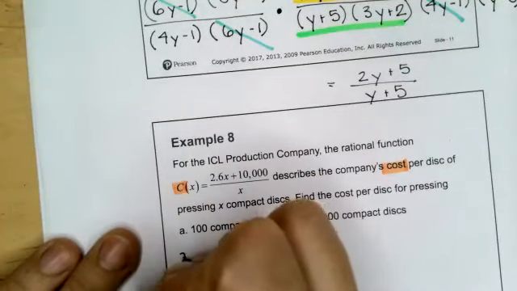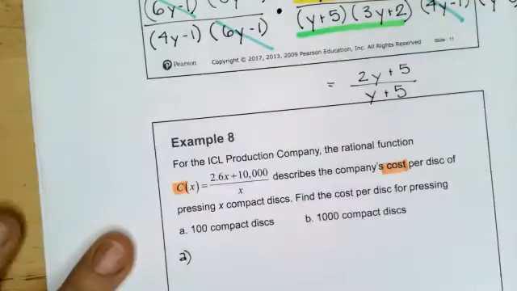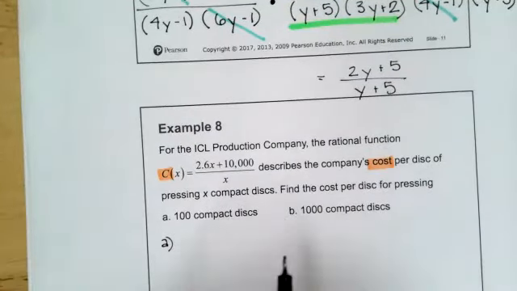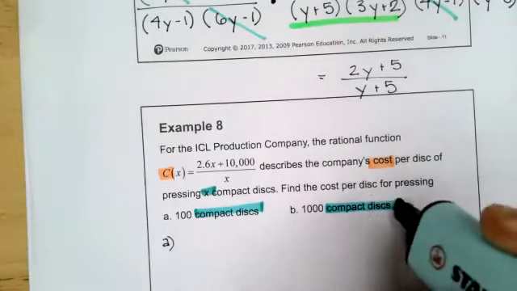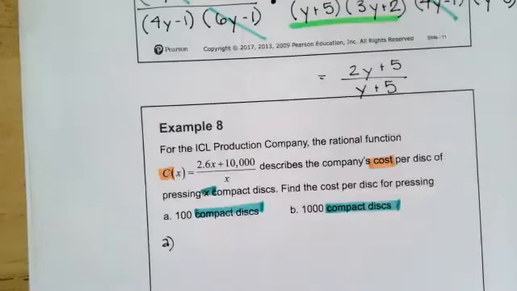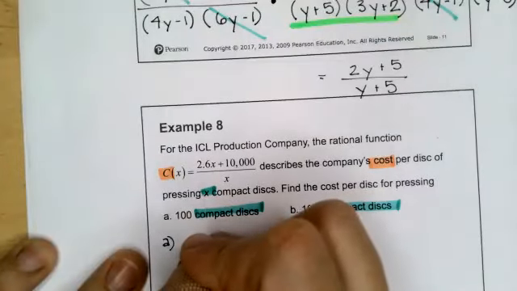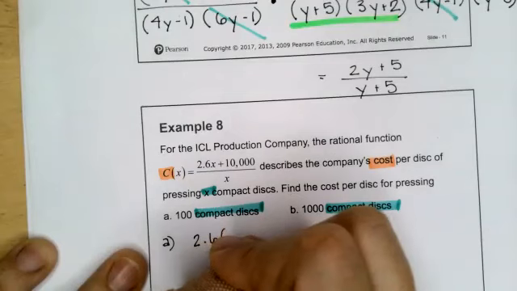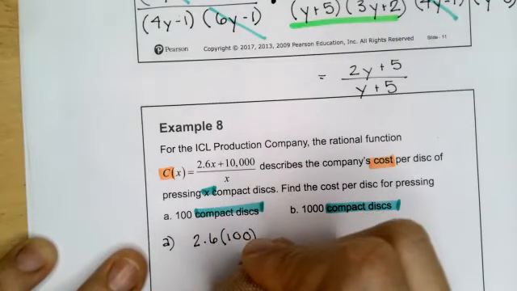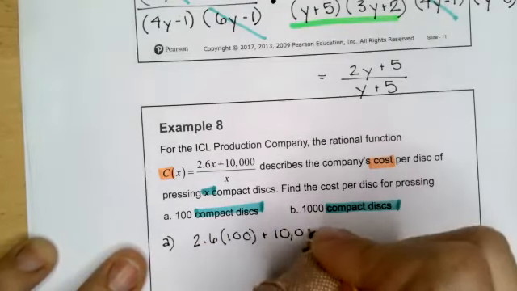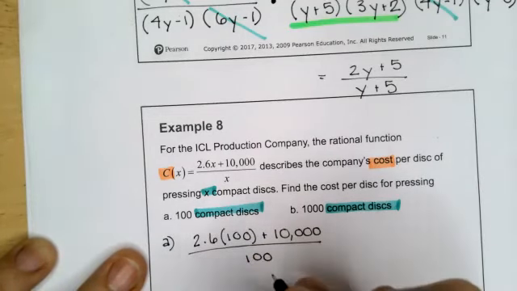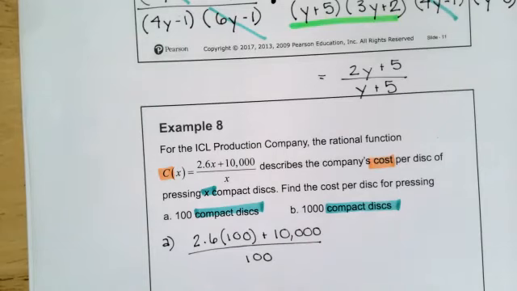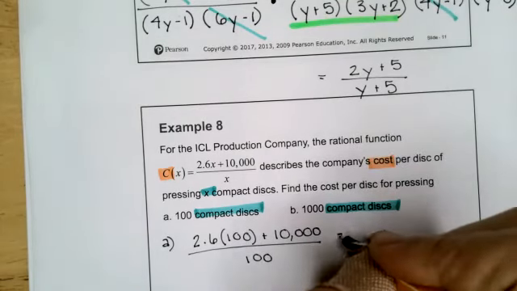So for A, if I have 100 disks, x is the number of compact disks, so A means it's 100. So we have 2.6, instead of x I'm going to put in the number 100, plus 10,000 over 100.